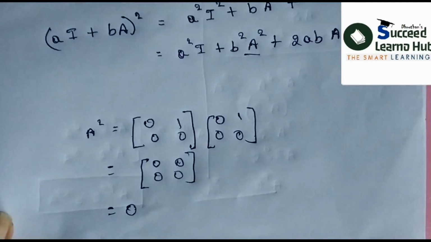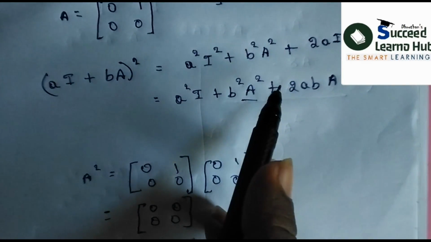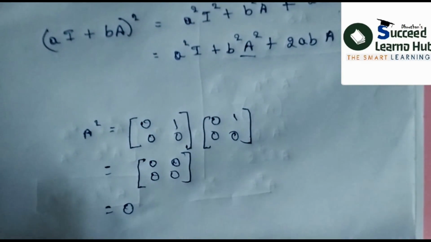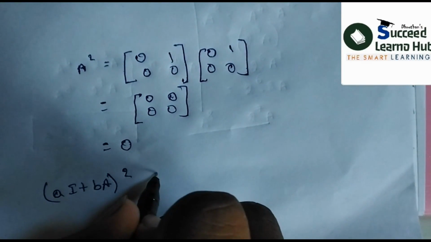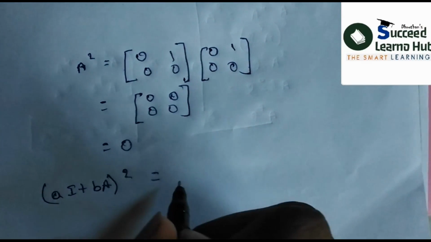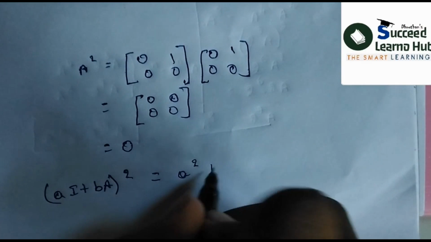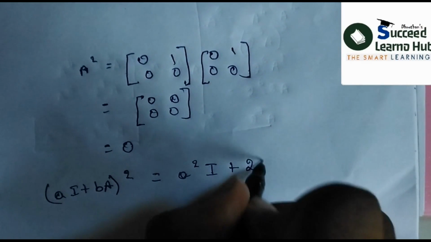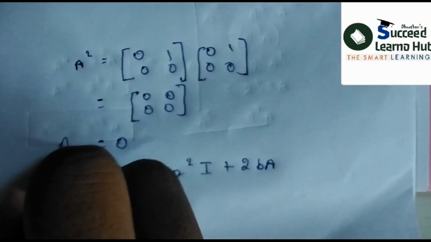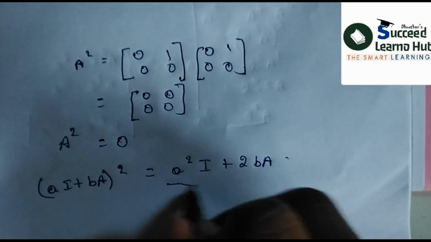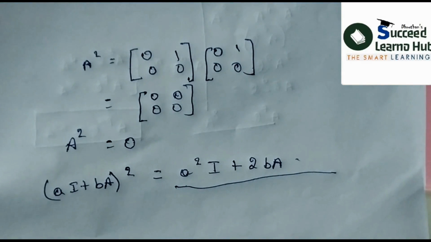So let's substitute the value of 0 in this equation, where (AI + BA) whole square becomes equal to A square I plus 2BA. This is because from equation 1 we have substituted the value of A square. Hence the answer is A square I plus 2BA.